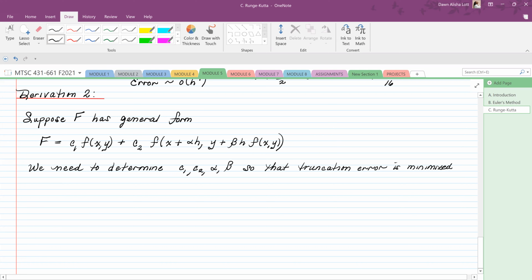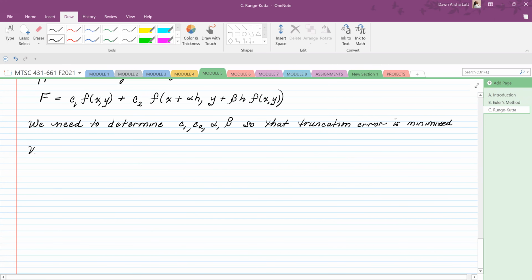Okay, so we're going to use the Taylor series for a function of 2 variables to expand that second part.